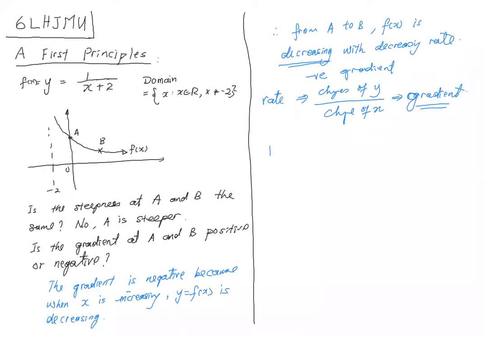So how are we going to find the gradient at point B? Now I'm going to give you point B with coordinate 1 over 3. How am I going to find it?